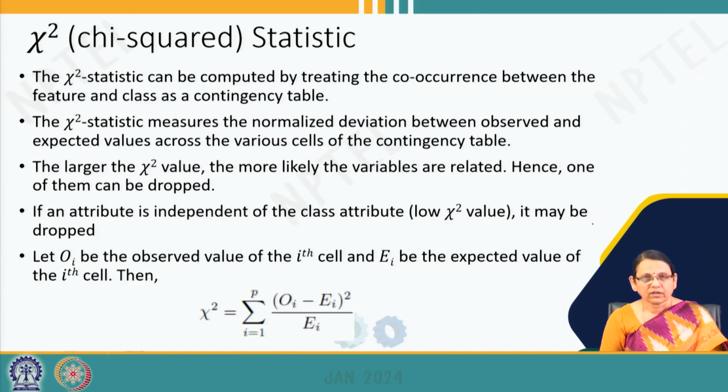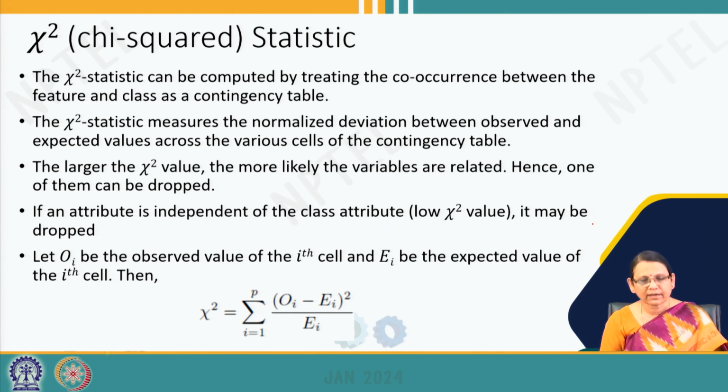Next one is chi-square statistics. This chi-square statistic can be computed by treating the co-occurrence between the feature and a class, by making a contingency table. The chi-square statistic measures the normalized deviation between observed and expected values across the cells in this contingency table.